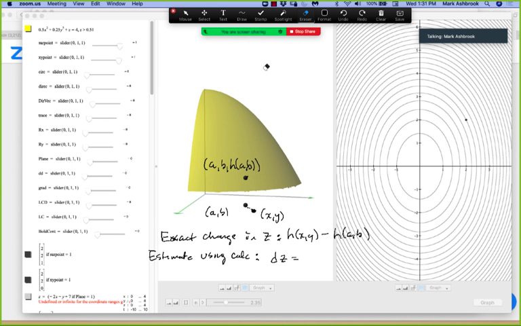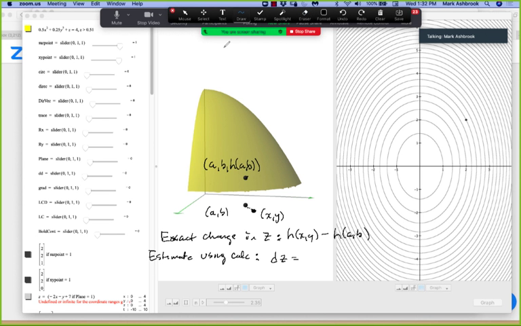How would we do it? So if we change x from a to x and y from b to y, how can we write out what the resulting change in z would be, or dz? We've done it before.